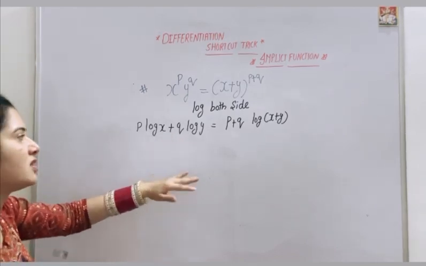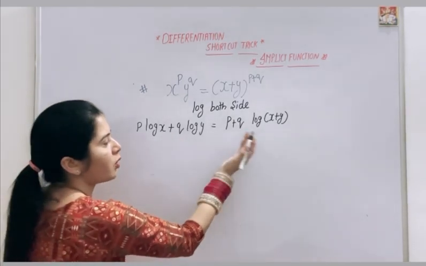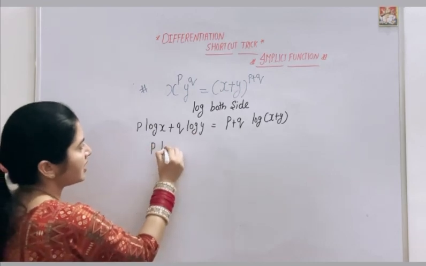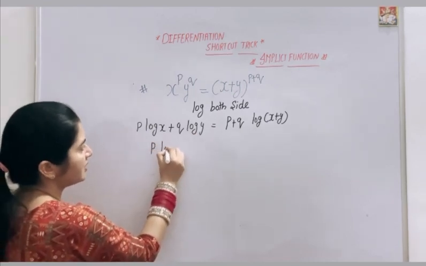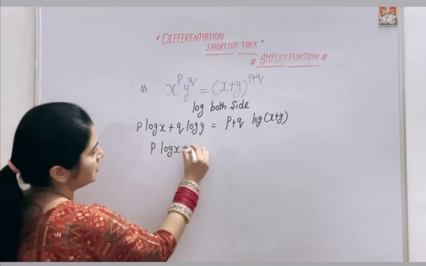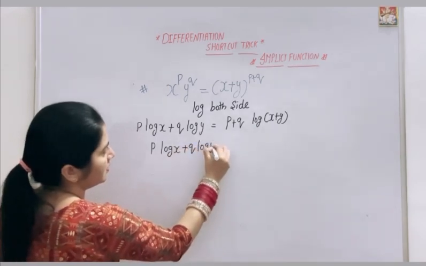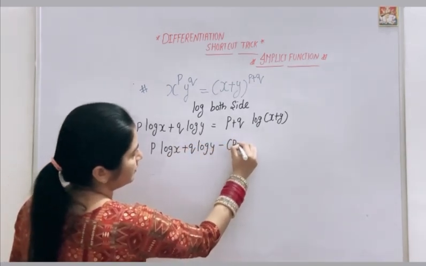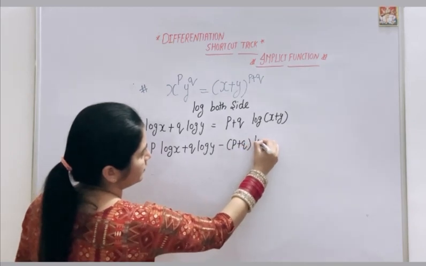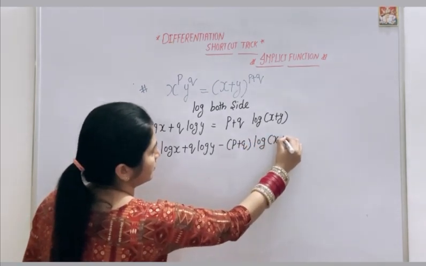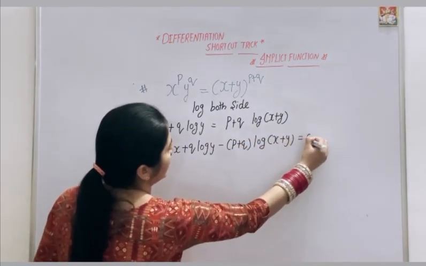Follow the same procedure. Step number 1, shift all the terms to the left side. Make 0 on the right side.